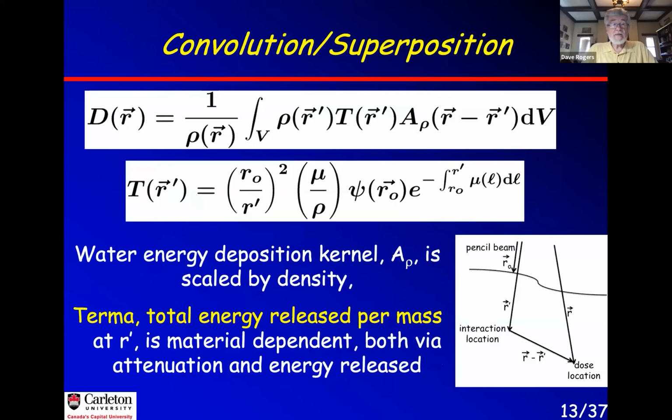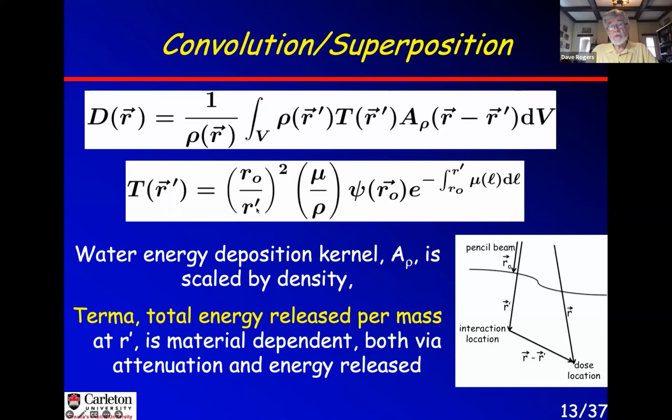And that comes if we look at this equation, and this is a complicated equation. If you're not used to it already, I'm not going to really try and teach it to you too much right now. But basically what we're saying is the dose at this point R over here takes into account the number of interactions here through this term, the terma.